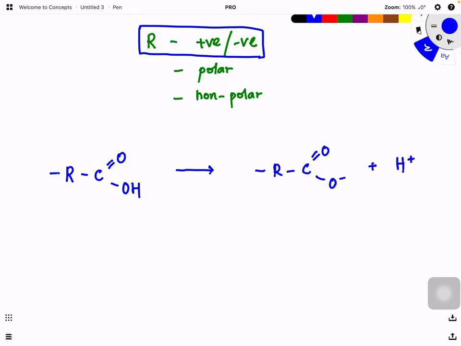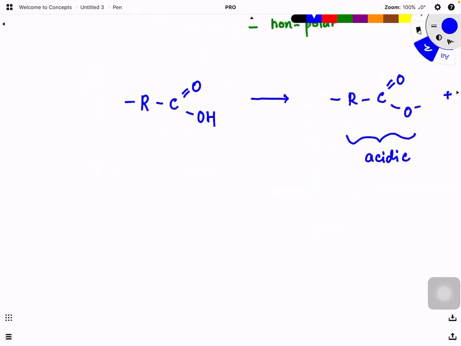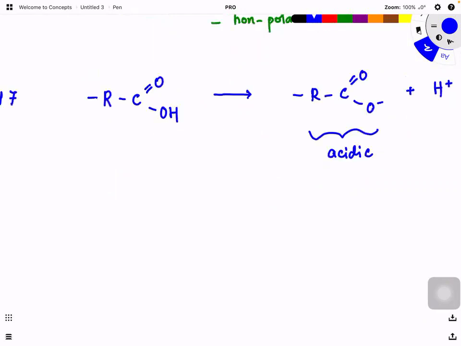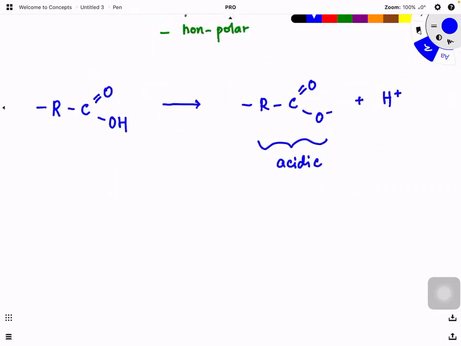Because they can donate protons, this R group is termed the acidic R group. Under normal conditions, pH 7, under this neutral pH, you can see that they are negatively charged.